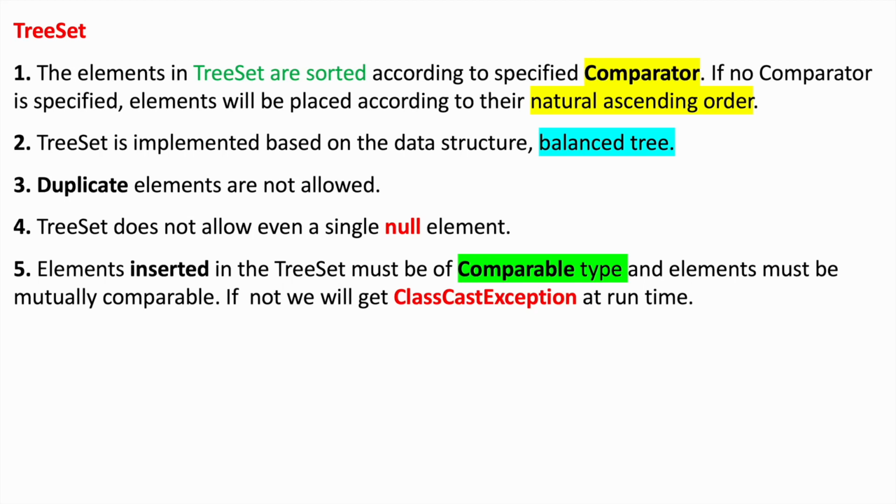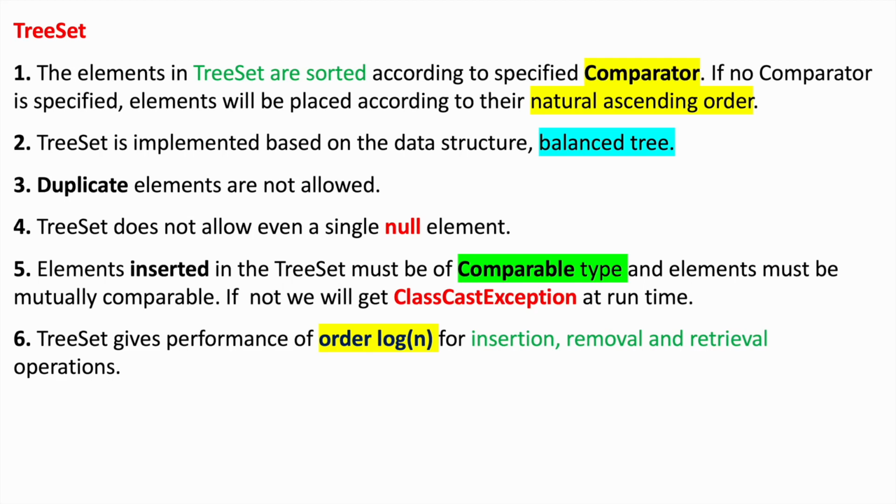Otherwise, whenever we are adding any element, that add call will give a ClassCastException at runtime. So the elements we are planning to add to the TreeSet will always be comparable and homogeneous. The time complexity for operations like insertion, removal and retrieval in TreeSet is order of log n. Here n is nothing but the number of elements.